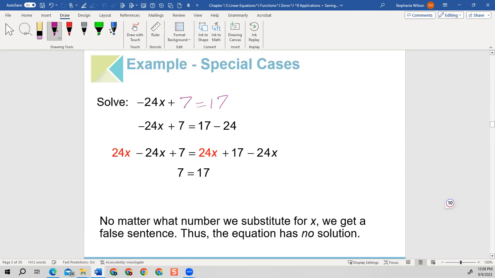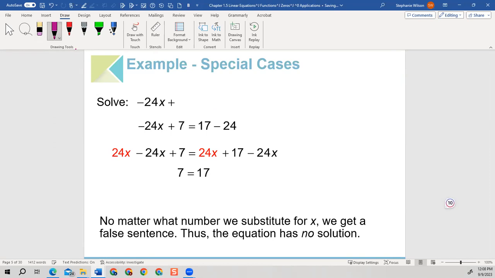We have this. Okay, so I needed to add this 24x to both sides. I apologize. I wish it would have downloaded all of this. I'm trying to decipher where it's going.